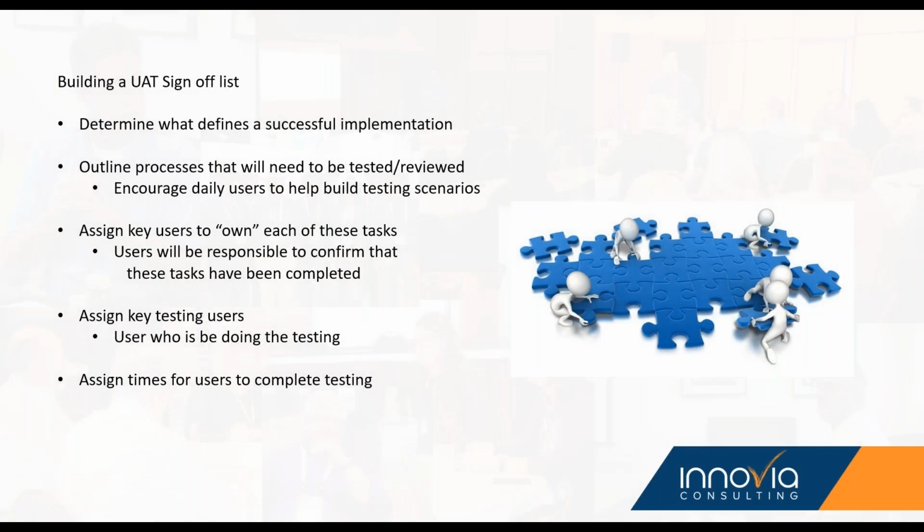So with that said, how do we build a UAT sign-off list? Well, the first piece has got to be that very high level. What will make this a success? Do I want to be part of that 19% that says, nope, that was a complete train wreck?